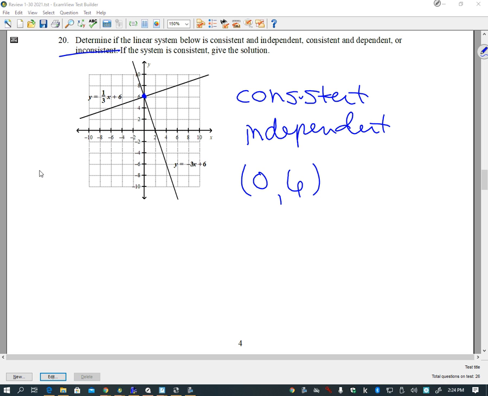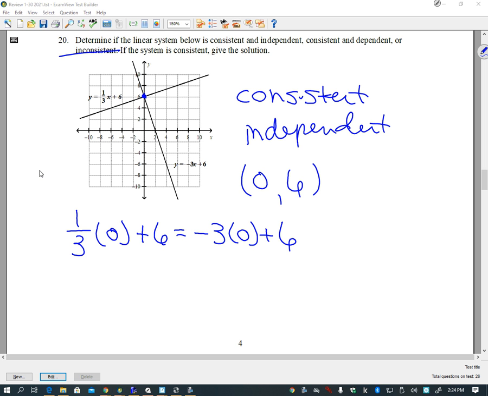Now, if I wanted to prove that, I could plug in 0, 6, and show the math to work it out. Now, let's say they didn't give me a graph, but they did give the equations of the two lines. We could do 1/3 times 0 plus 6 equals -3 times 0 plus 6.